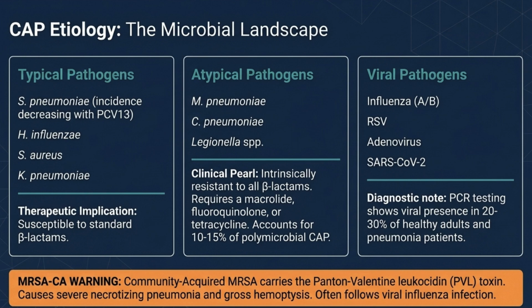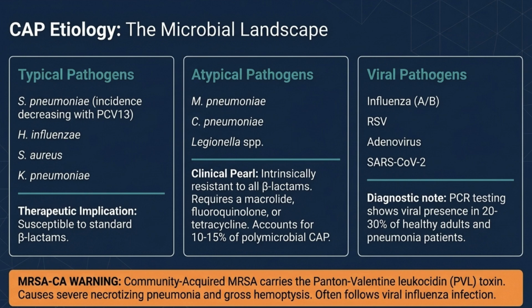Atypicals, like Mycoplasma, Chlamydia, and Legionella, lack a cell wall, making them intrinsically resistant to all beta-lactams. They require macrolides, fluoroquinolones, or tetracyclines. Their incidence appears to be increasing, particularly among young adults.